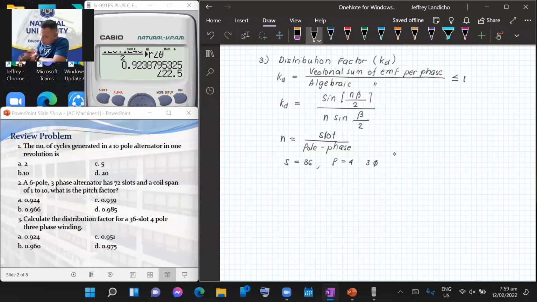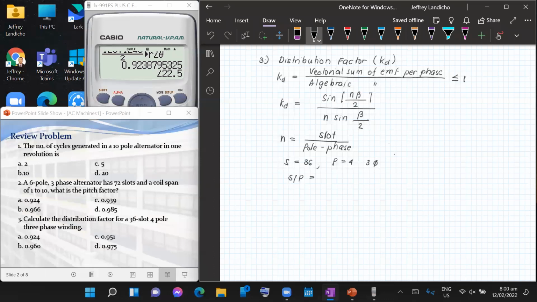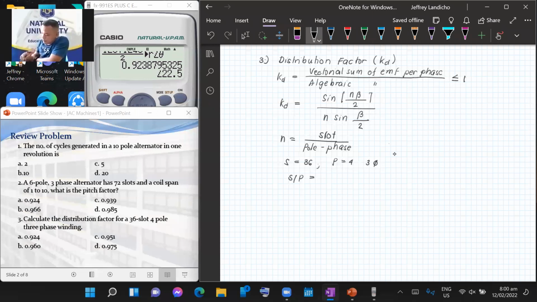So pag kinuha natin yung ating slots per pole, or that is the pole pitch, so slots per pole, that is only 36 over 4, so you have 9. So, ibig sabihin, per pole, it covers 9 slots.